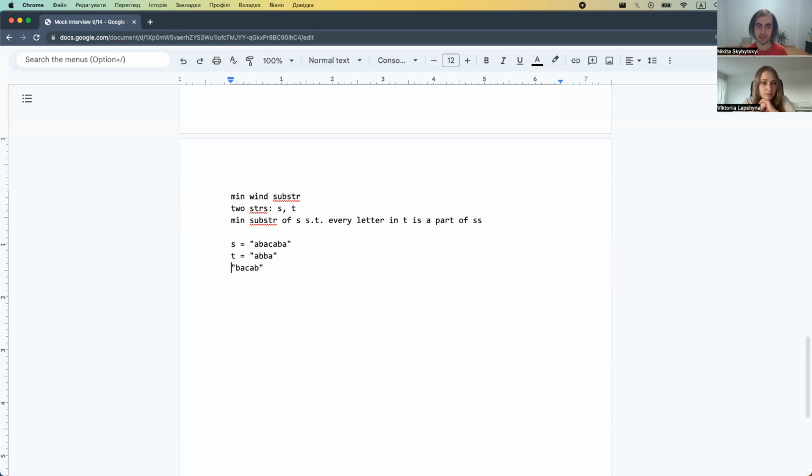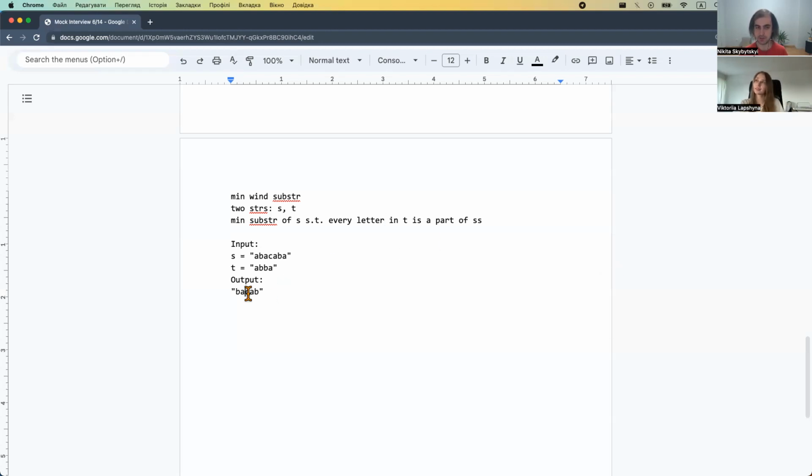I believe the output will be BACAB, because it's the shortest substring that has two A's and two B's? Yeah, we have to find every letter with the corresponding multiplicity. The number of times a character occurs in the substring of S should be at least that within T.